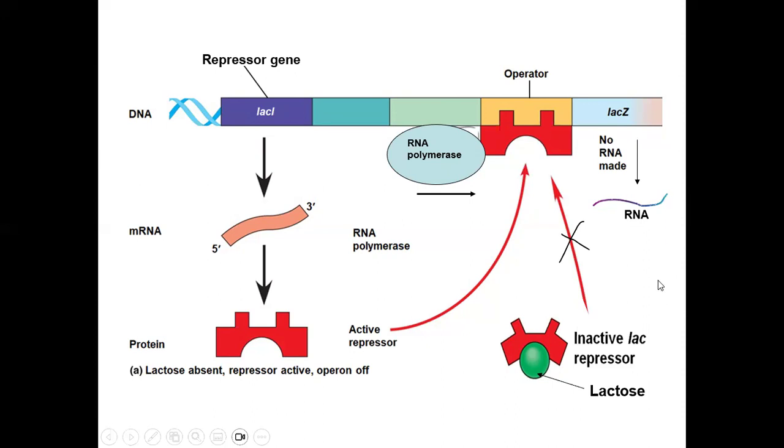So in this way, the presence or absence of lactose makes the repressor protein inactive or active respectively, and in this way it controls the expression of the lactose operon.